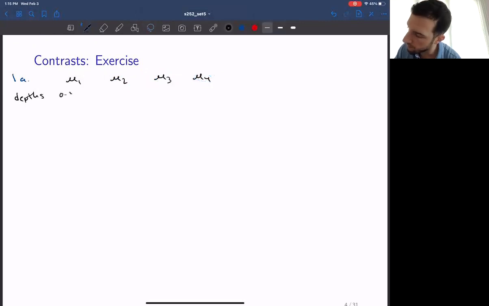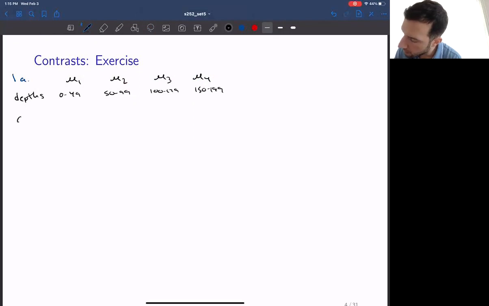So this is going to be 0 to 49, 50 to 99, 100 to 149, 150 to 199. I want to compare the average length of the whales between 0 and 99 to the length of the whales between 150 and 199.